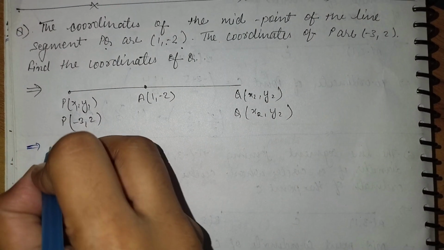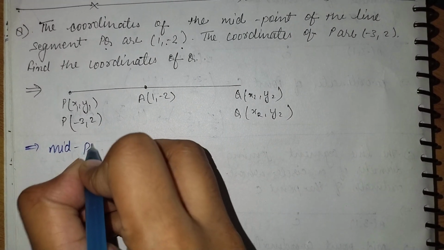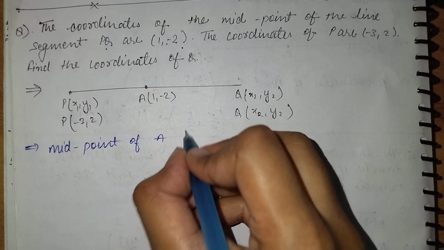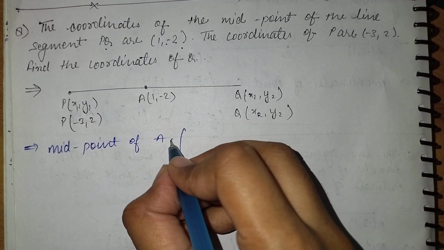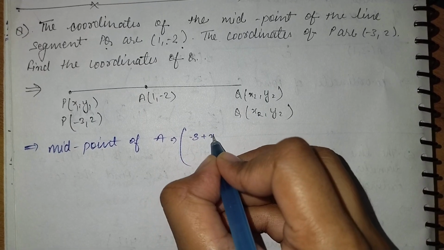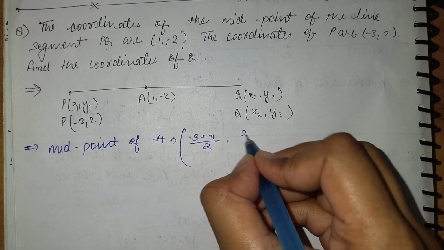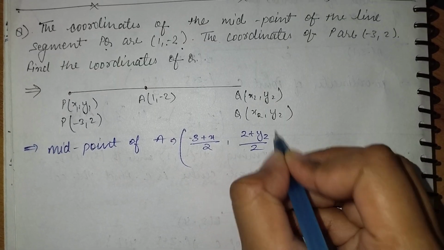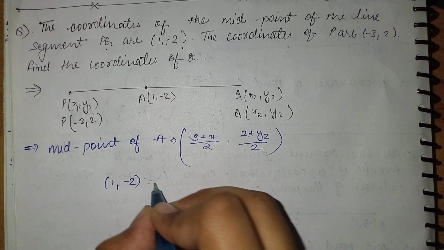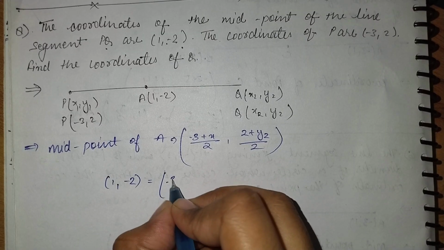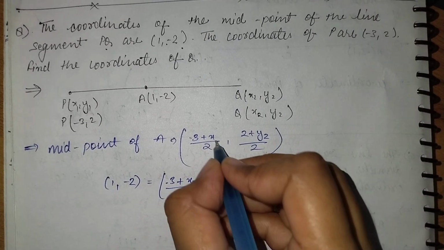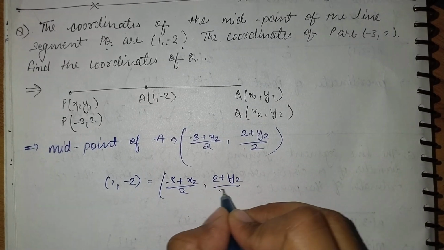So simply the midpoint formula we know, we will simply apply that formula for A. So it will become (x1 + x2)/2, meaning (-3 + x2)/2, and (2 + y2)/2. Coordinates of A we know: (1, -2). So putting the values on comparison, (-3 + x2)/2 and (2 + y2)/2.